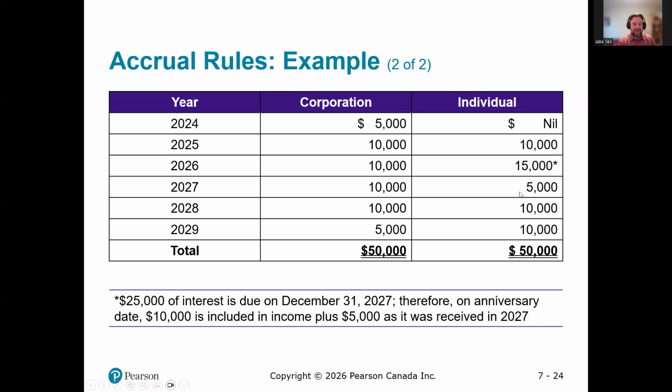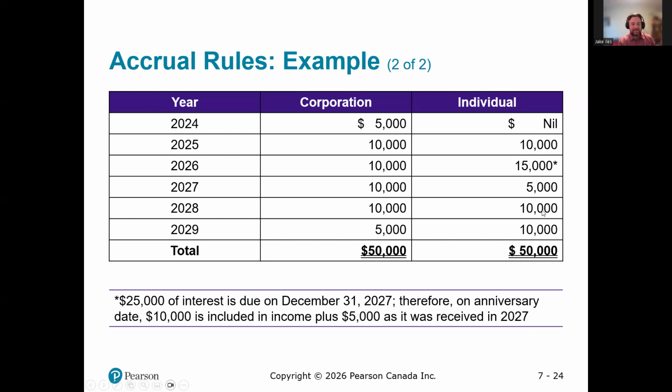In the next year, we have another $10,000 to accrue. So by this point, 10, 10, 10, we should have reported $30,000. But we reported up to $25,000 already in the previous year. So 30,000 minus income already reported, $5,000 is left. So we'll report $5,000 here.